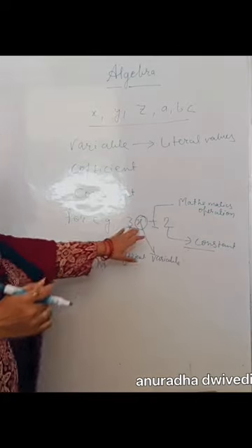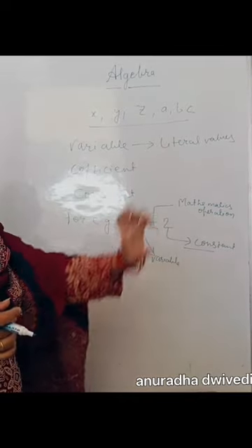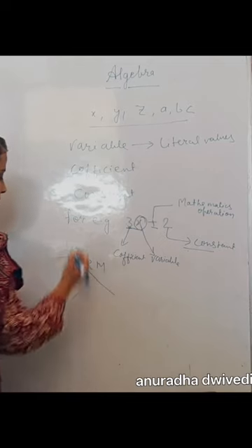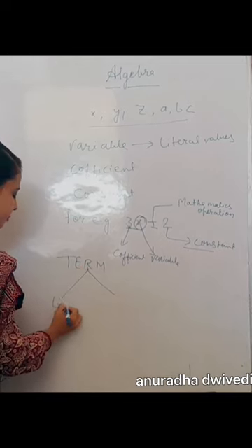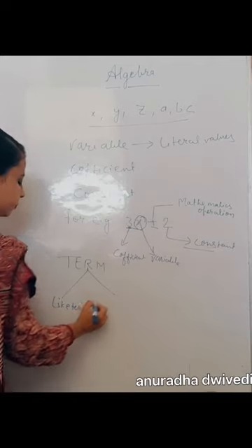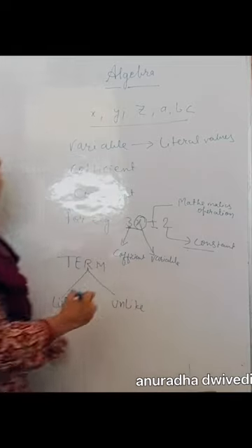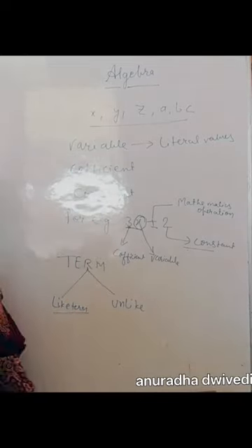When we write the numbers in 3x plus 2 and 3x plus y, the terms are mainly of two types. First is like terms and the other one is unlike terms. In like terms, all variables are the same.